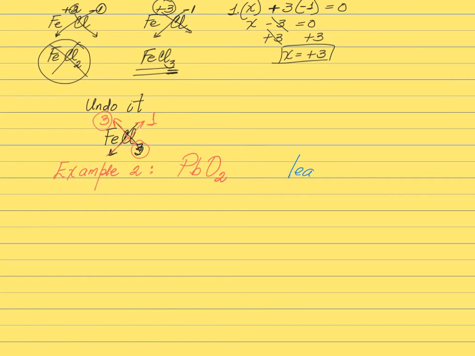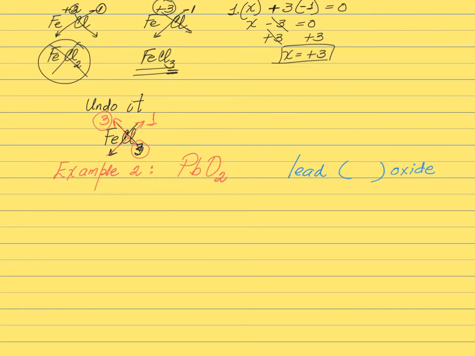Lead is a transition metal with different oxidation numbers. So I'm going to open the parentheses to find the oxidation number of lead. A monoatomic ion, so ending in IDE. And now I'm going to concentrate all my energy to find the oxidation number of lead.